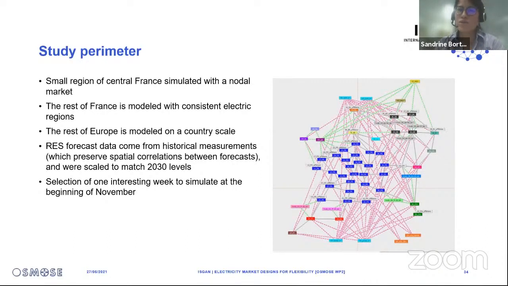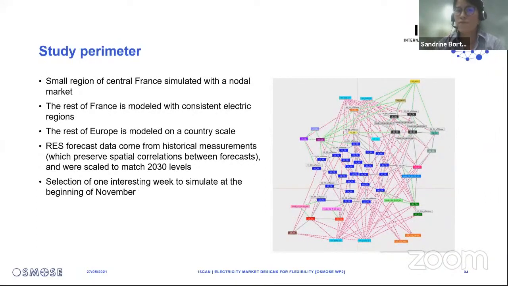What is really complicated in this kind of study is to have good data, and here we needed to have good forecast data in order to assess the uncertainties at the substation level in a nodal market design. So we decided to pick historical measurements from our operational data to have renewable forecast data at the substation level.